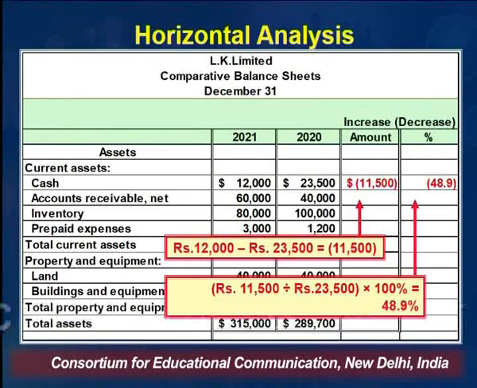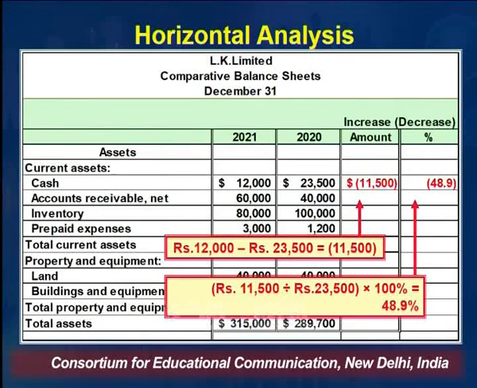Base year value for cash in 2020 was 23,500, and we have to multiply it by 100 because I need my answer in terms of percentage, and it is giving me a value of 48.9%. So this is going to be a decline in cash of 48.9%. So I'm not only having the absolute value but also the relative value, in terms of percentage.